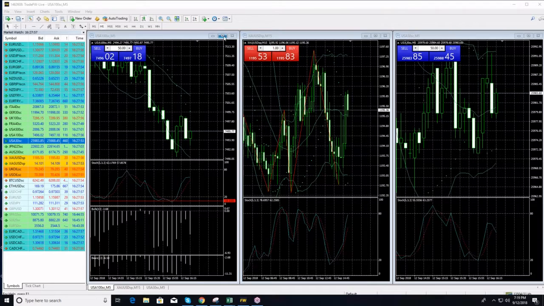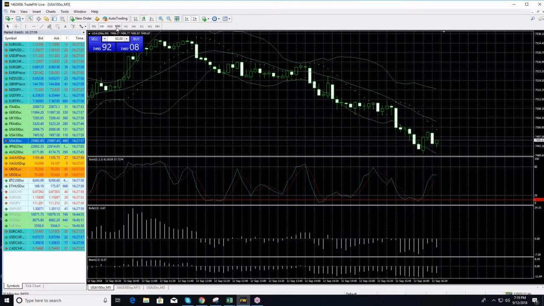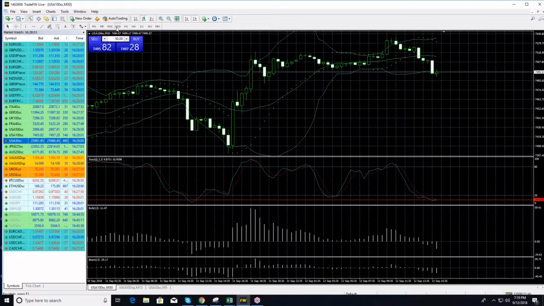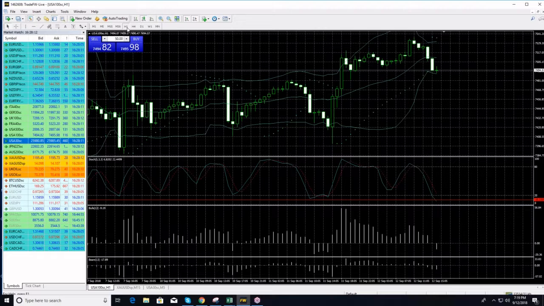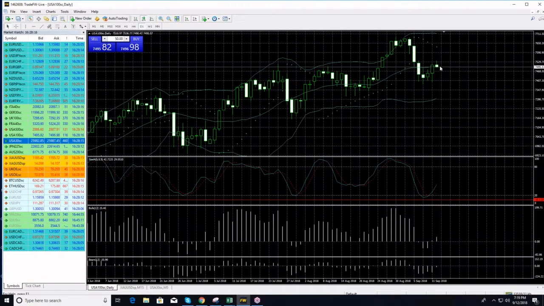let's see, USA 100. USA 100 is suffering a downtrend. The whole day long, we had a downtrend on USA 100. Yep, look at this picture. Downtrend.